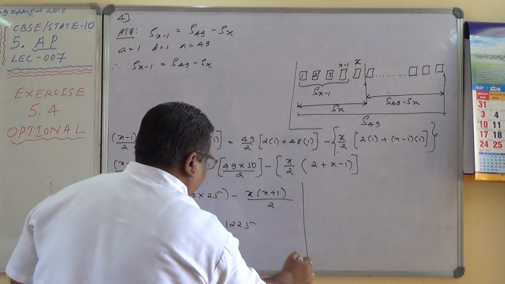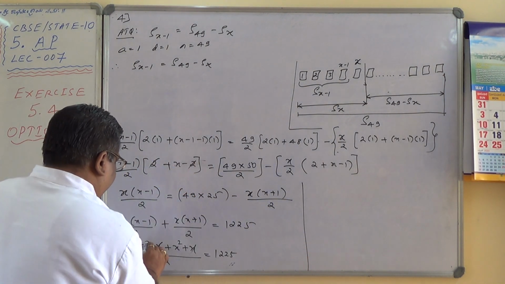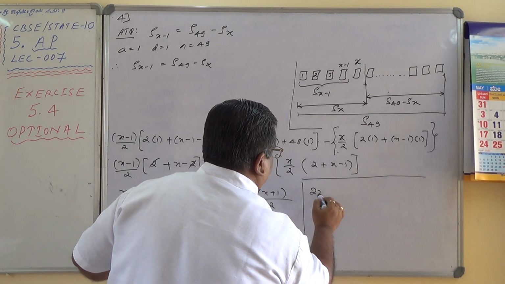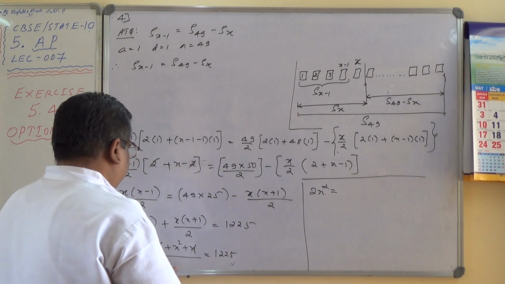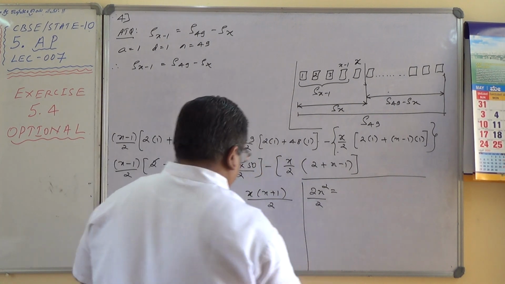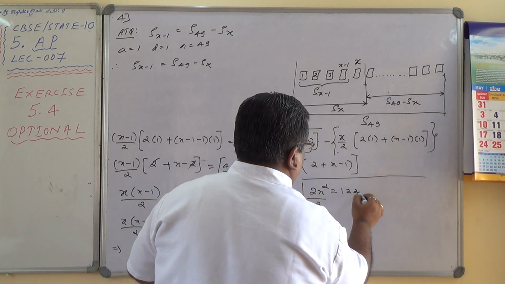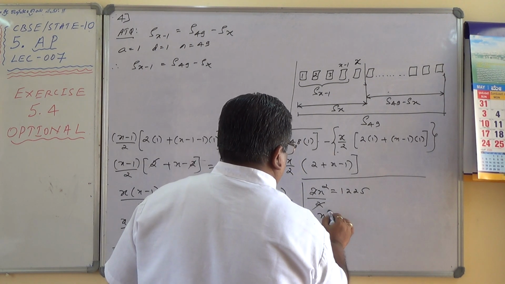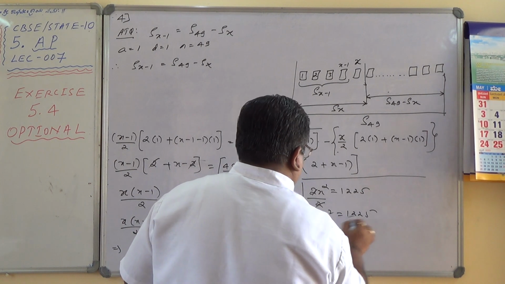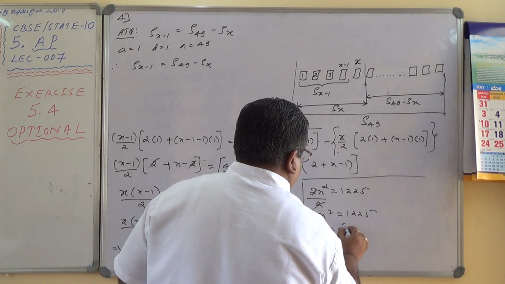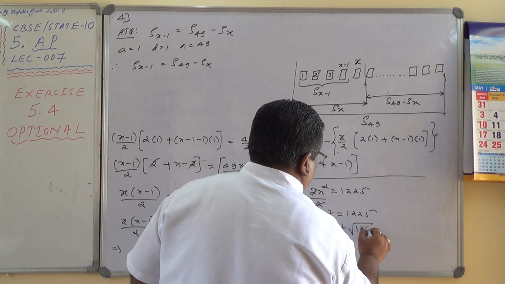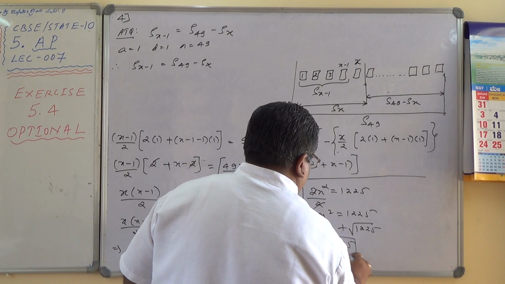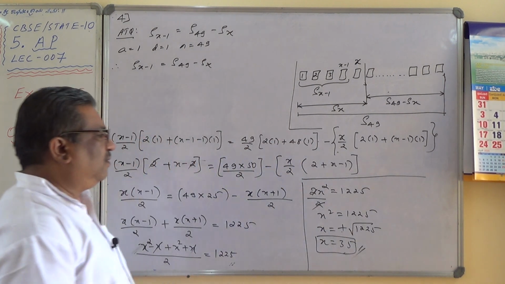So I'll write here for your information, it is 2x square. This is the answer, x is equal to 35.